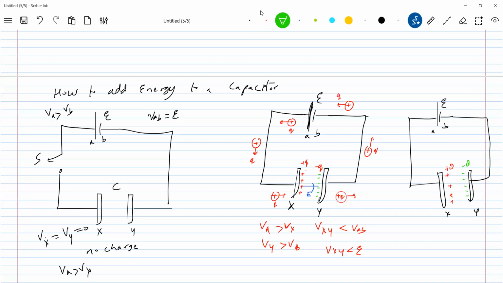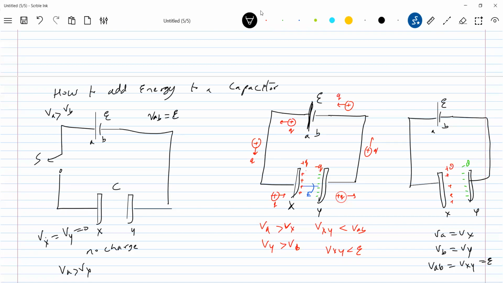So finally, VA will become equal to Vx, VB equal to Vy, and VAB equal to Vxy equal to the applied EMF. No more flow of charge, it's over.